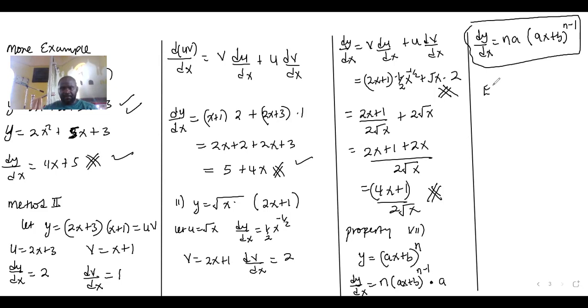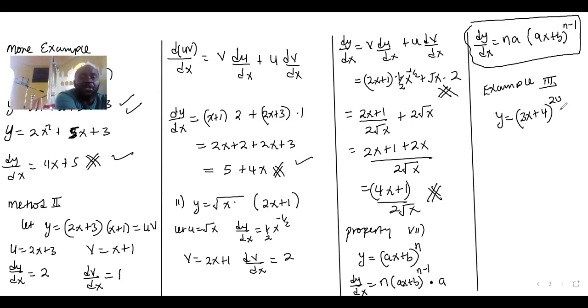This is an example. If you're given y is equal to (3x plus 4) raised to the power 20. You're used to power 2, power 3, you can easily expand. Now, here is a question, it has power 20. You cannot expand up to power 20.